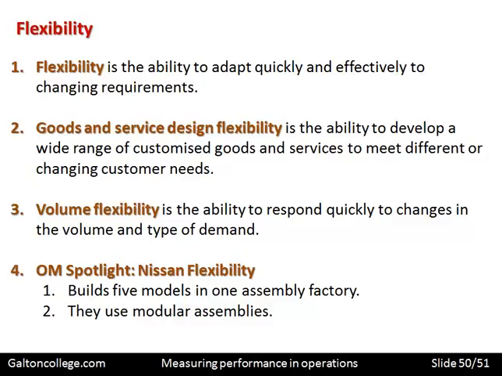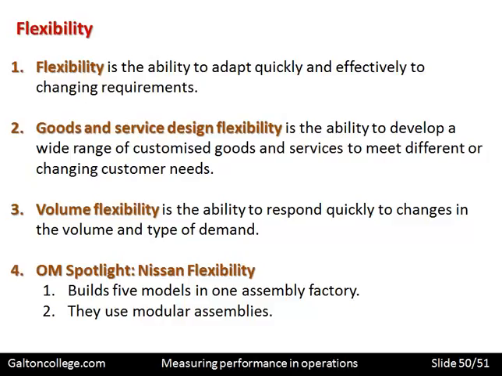Organization management spotlight. For example, Nissan flexibility. Now Nissans make cars. They may build 5 models in one assembly factory. That's because they use modular assemblies. So they're, in a sense, quite flexible. They make items.